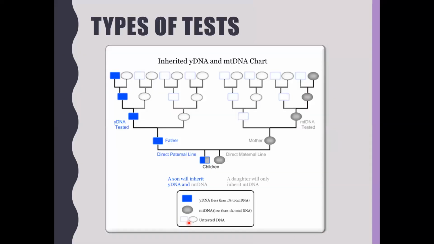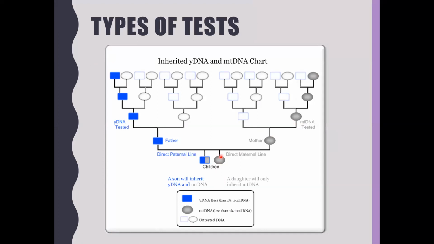So here's the inheritance pattern. And you can see for the Y-DNA, it's the son, the father, grandfather, great-grandfather, and so on. And for the mitochondrial DNA, it's both children, mother, grandmother, great-grandmother.